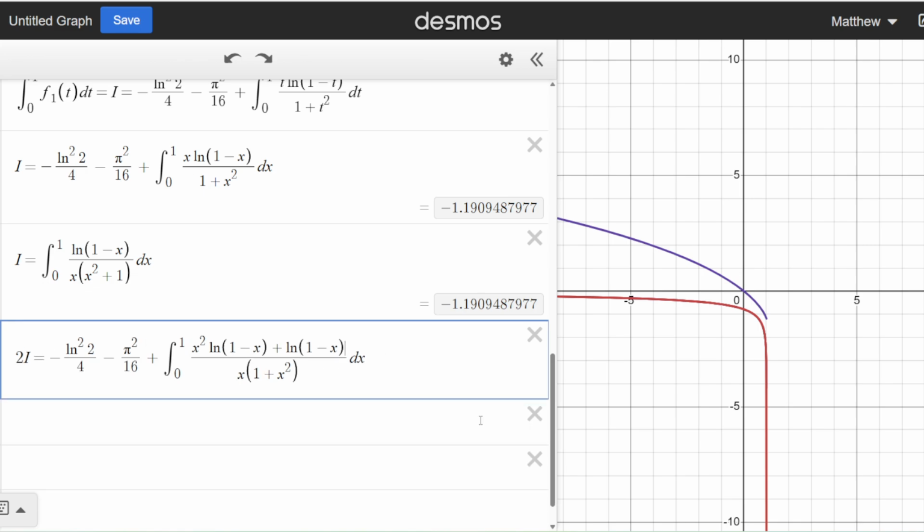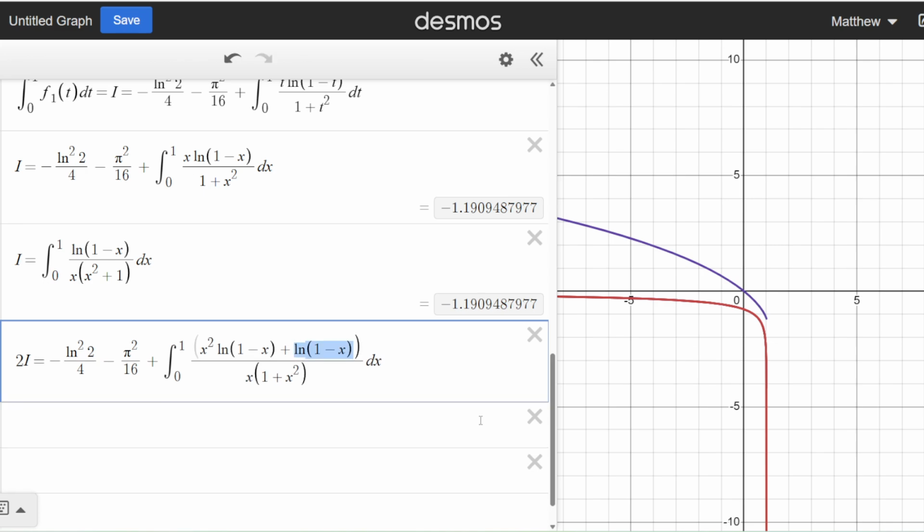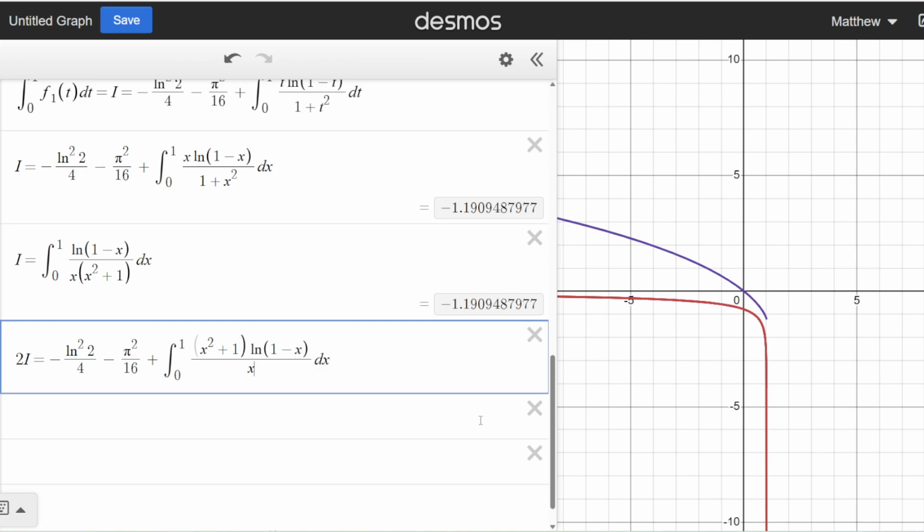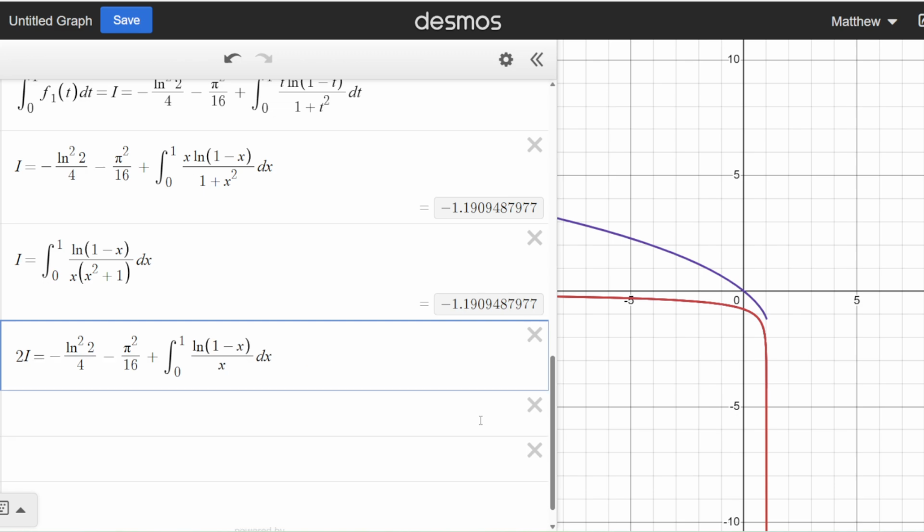And now what can we do here? Well, we have a common factor. Natural log 1 minus x is a common factor of this numerator. So let's factor it out. That's going to be a 1, an x squared, and then I'll put it at the end. There we go. And now you'll notice that this and this cancel.